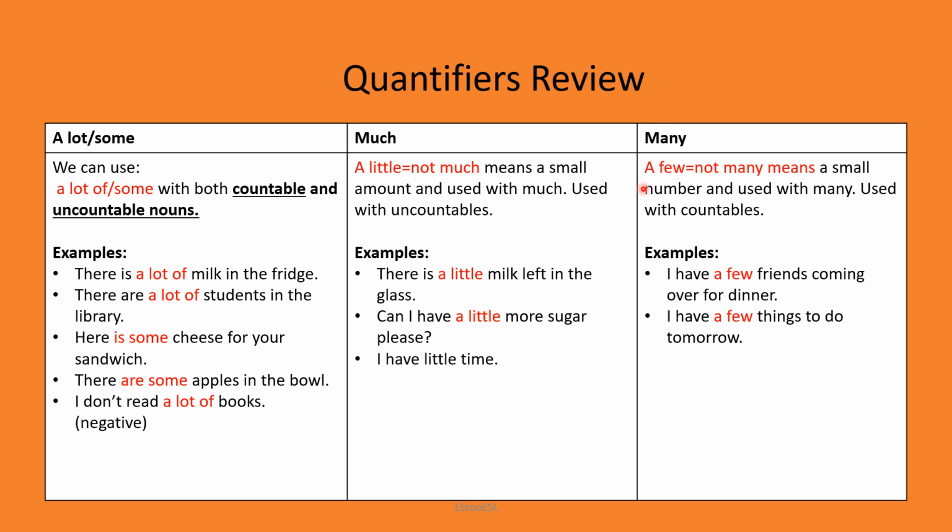Many. We can use a few. Not many means a small number and is used with many. Used with countables. Examples. I have a few friends coming over for dinner. I have a few things to do tomorrow.